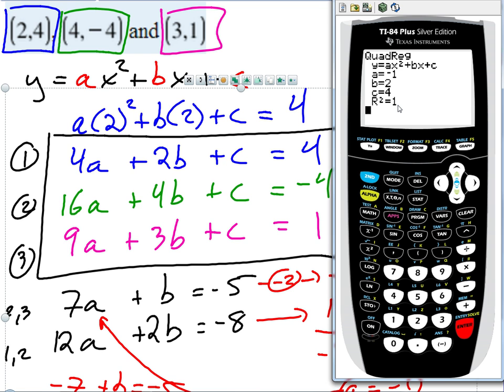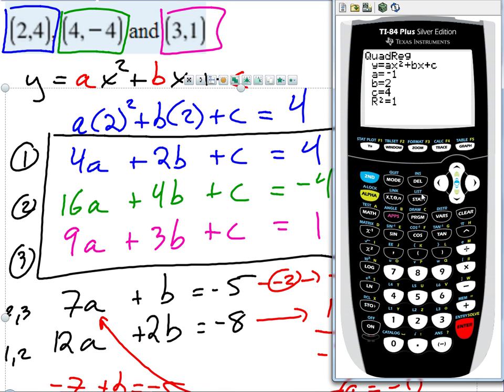So, to do that, all we do is go stat edit, we put in the 3 points that define the parabola. We go stat calc 5 for quadratic regression, and it gives us back the equation.